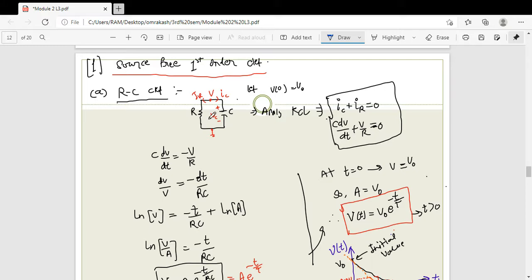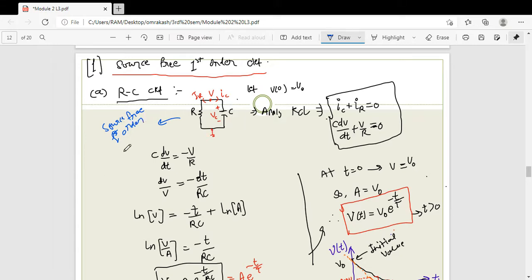Now, see, in this circuit there is no active element, so this is the source free response, right? And only one storage element is present, so that is a first order circuit. And what is the state variable?